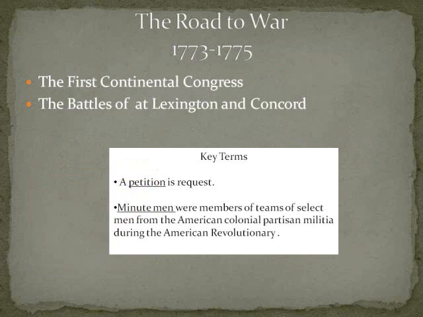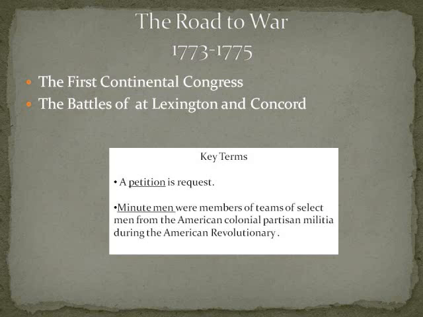In 1774, the colonists discussed how to respond to the growing British threat during the First Continental Congress. Colonists decided to list their rights in a petition and send it to King George, but he did not accept it. In Massachusetts, the colonists started gathering Minutemen to defend Massachusetts.